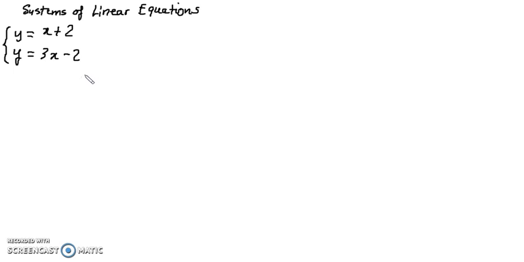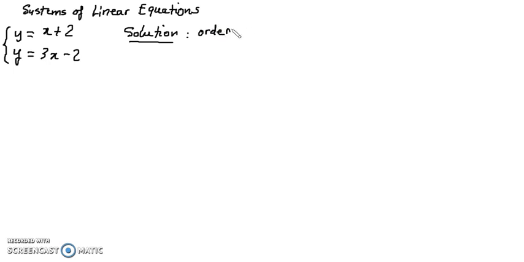So we need to talk about a solution. The solution of a system of linear equations is any ordered pair that makes all of the equations in the system true.